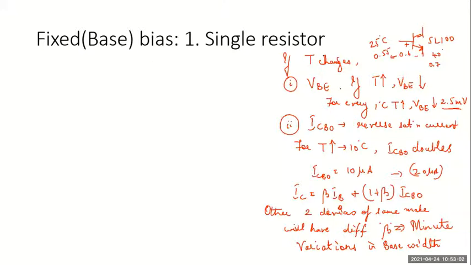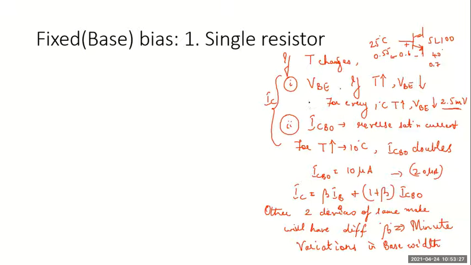So please remember, the two main reasons why even after fixing the Q point, it will not remain stable or remain as it was fixed. One is the temperature, which affects both VBE and ICBO, and in other words, both will affect the collector current IC.